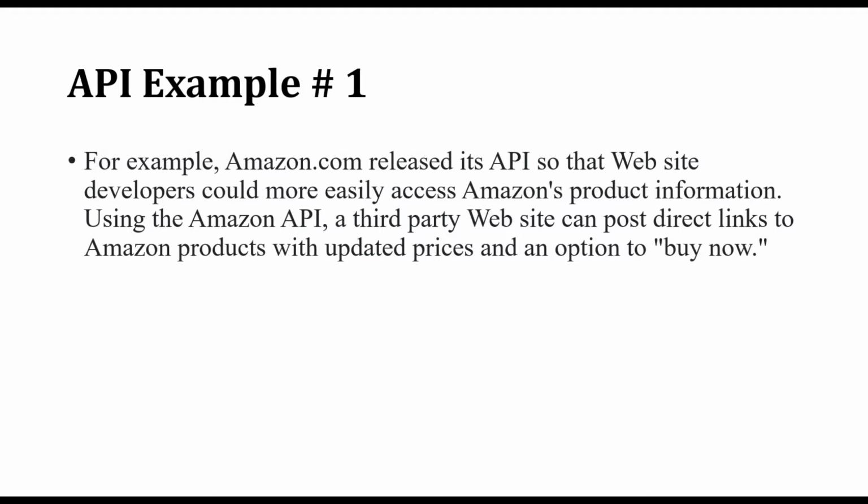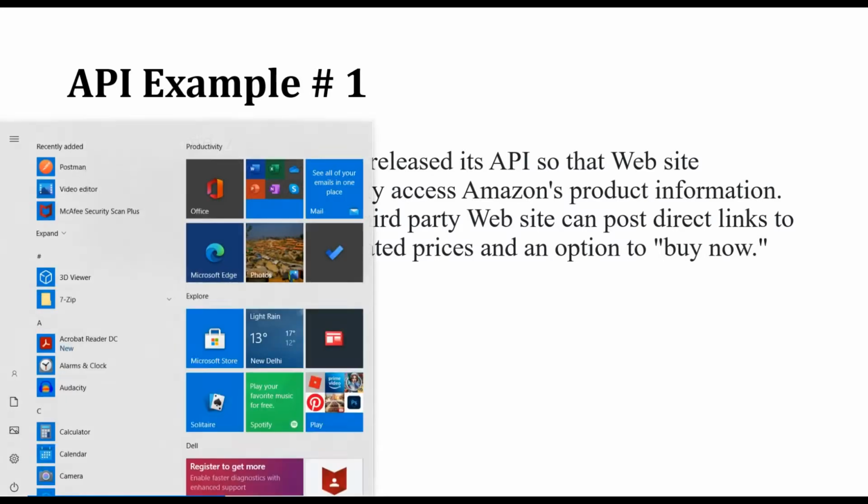So here inside Amazon, two applications are connected and talk to Amazon also. How does it happen? How does a third-party website come inside Amazon? I'm going to show you inside the application, and at that time you will understand.